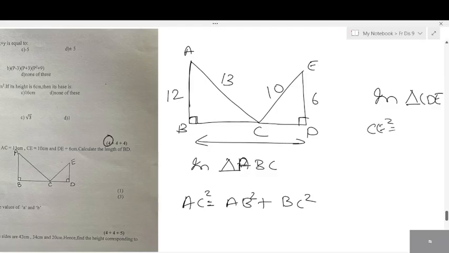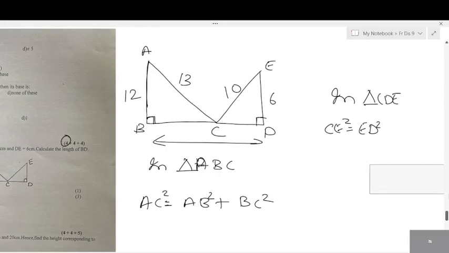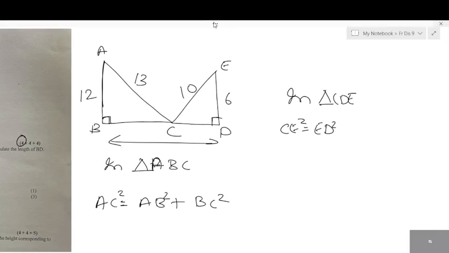CE square is equal to ED square plus CD square. You'll get one simple question from the Pythagoras theorem.